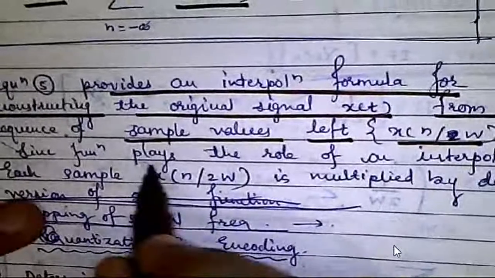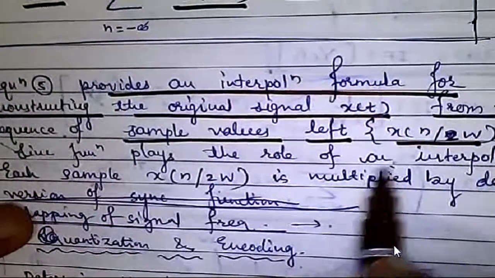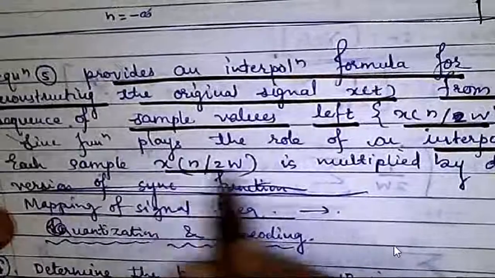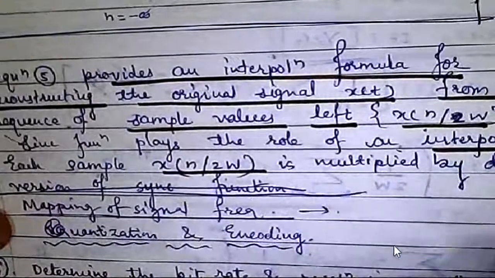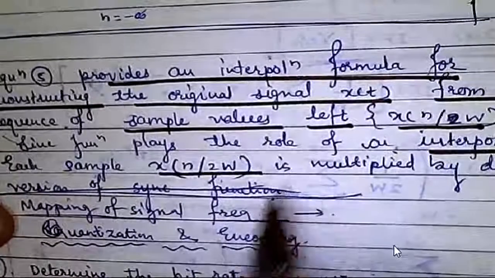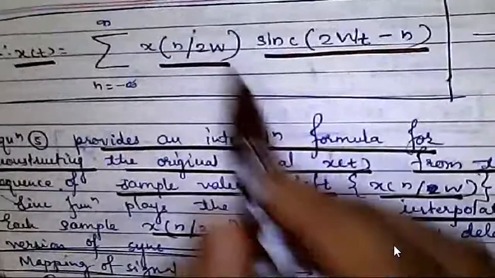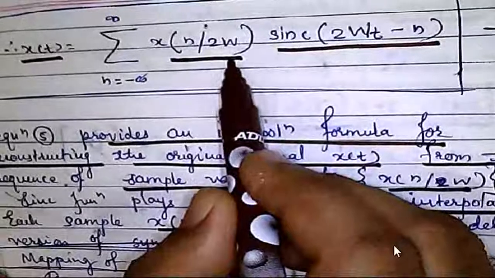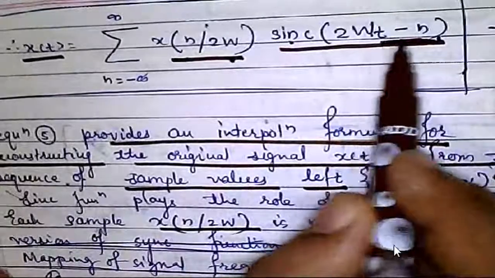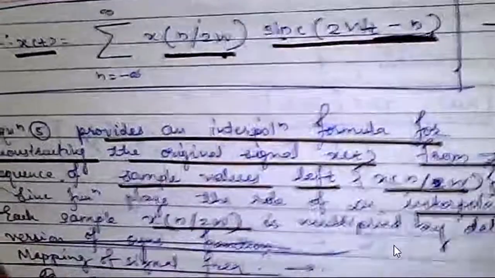The sinc function plays the role of an interpolation function. Each sample x of n by 2W is multiplied by a delayed version of the sinc function. That can be observed over here. This delayed version is getting multiplied.